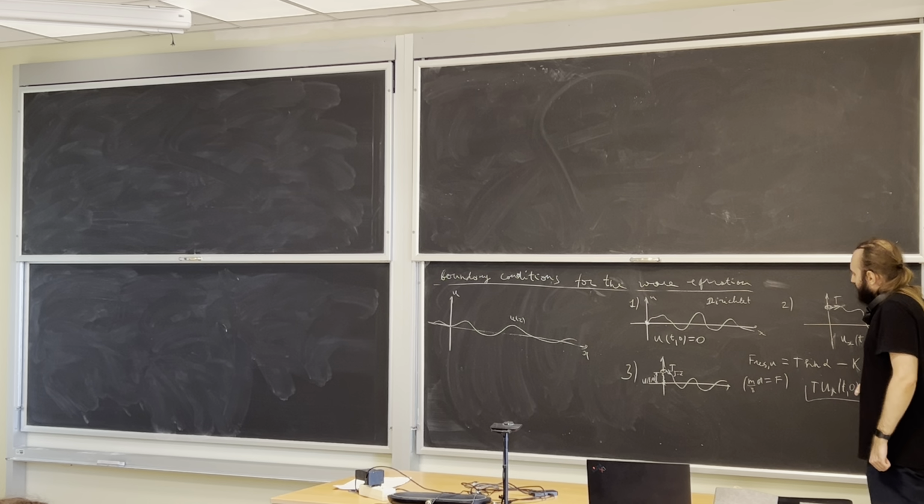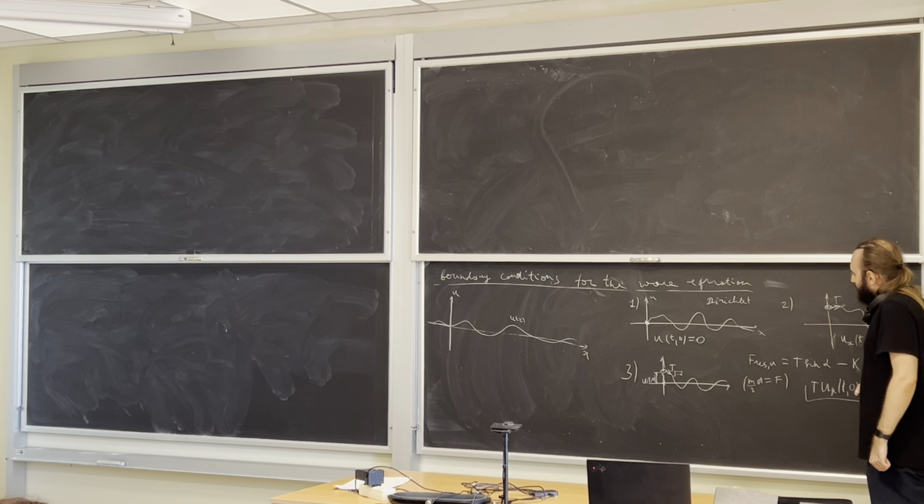So we have this equation u_tt minus u_xx equals 0 for t greater or equal than 0, x also greater or equal than 0. And we also have initial conditions and boundary conditions.